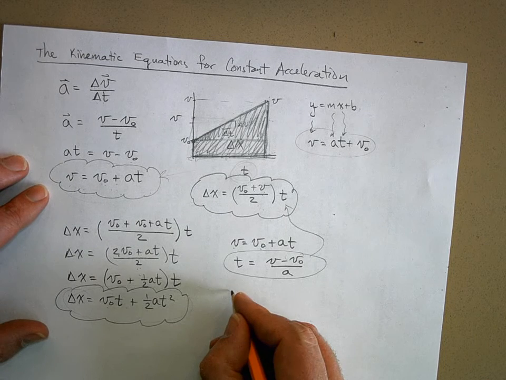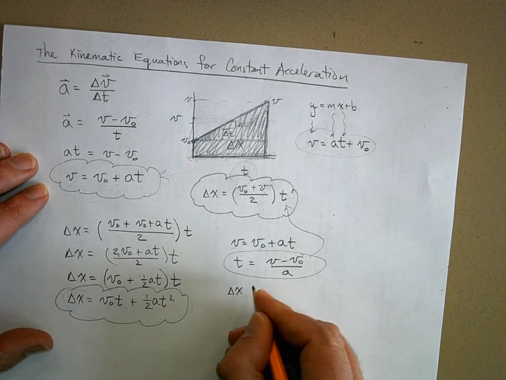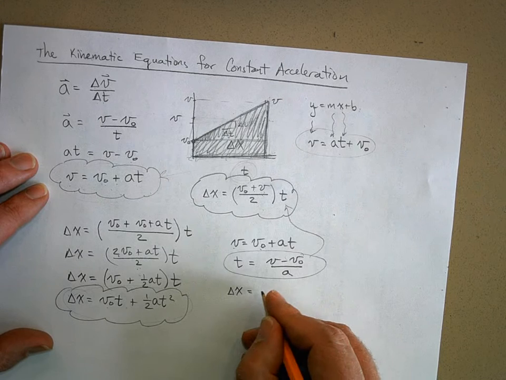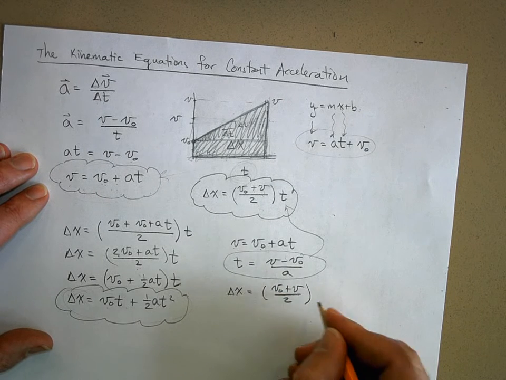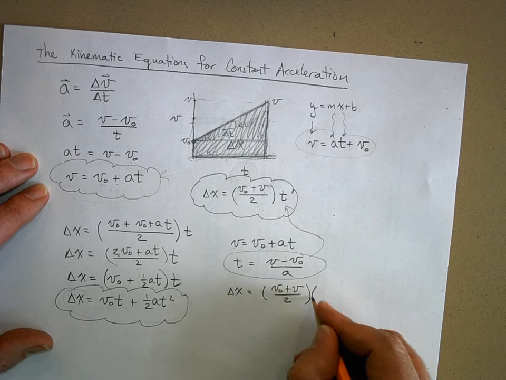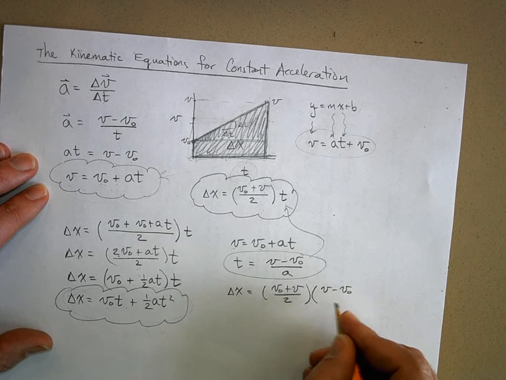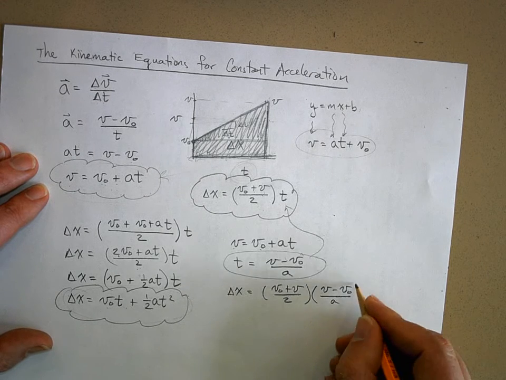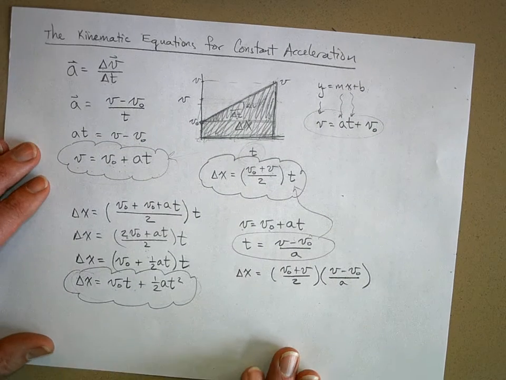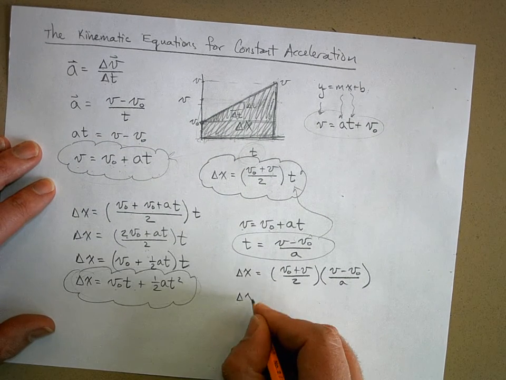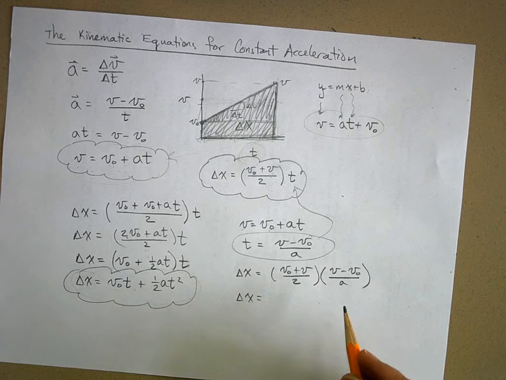And I'm going to get a new equation, and it'll be the last one. Delta x equals v naught plus v over 2 times time, but now time is v minus v naught over a. Okay? And so now I'm just going to play some algebra games here. Remember FOIL?